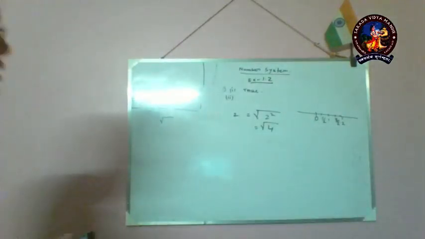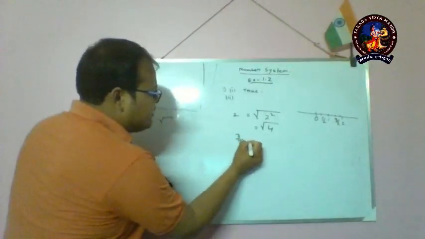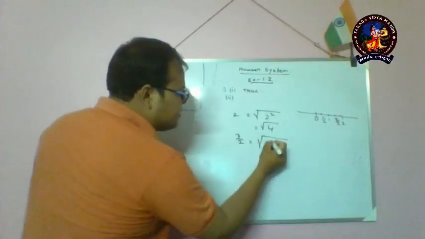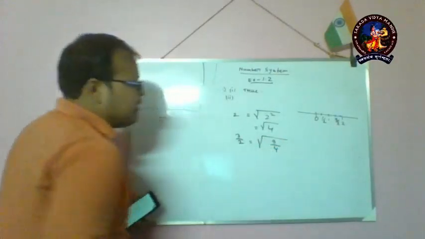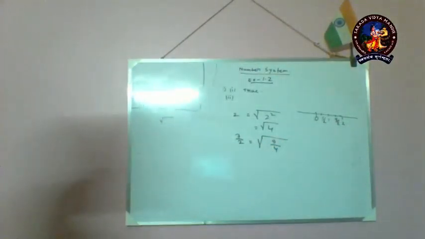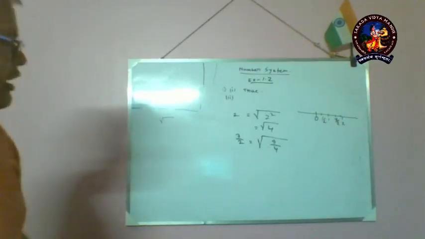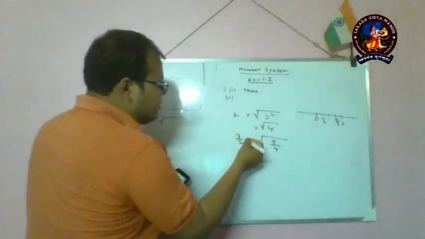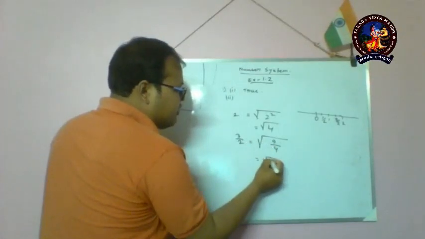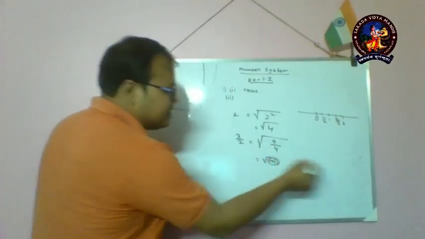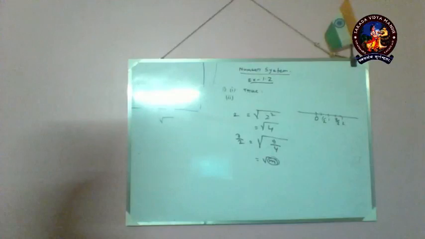Obviously it is true, but 3 by 2, I have to express that as root over 9 by 4, but 9 by 4 is not a natural number. So if I want to say every number can be expressed in the form root m, where m is a natural number, that is false.